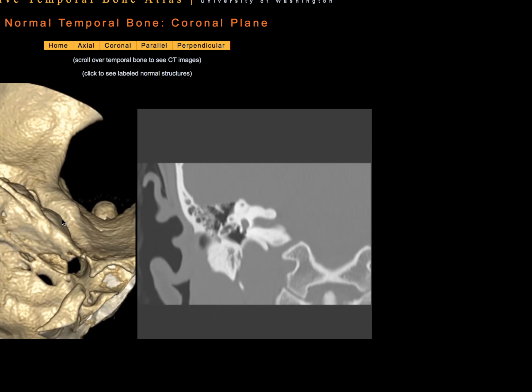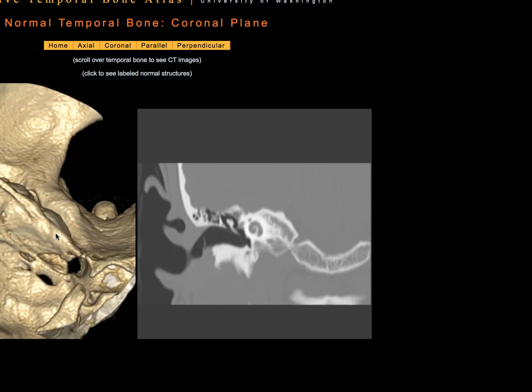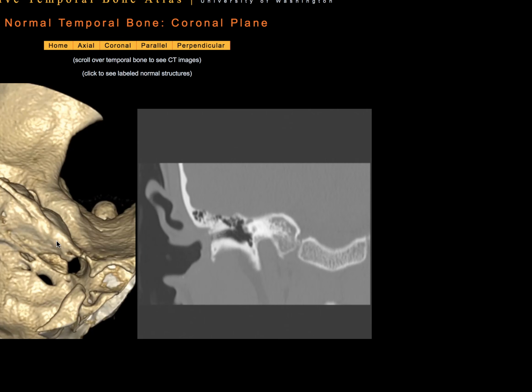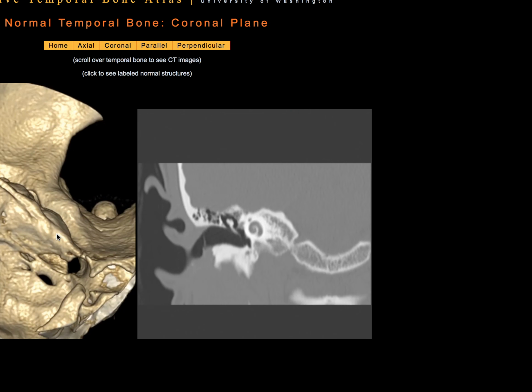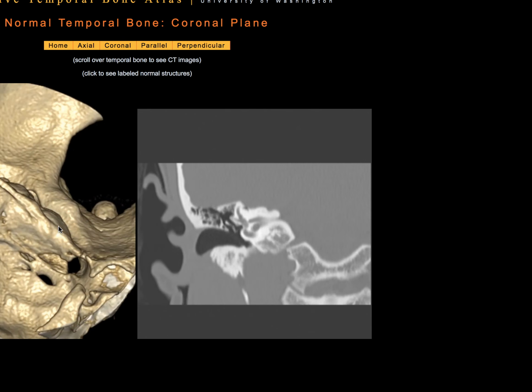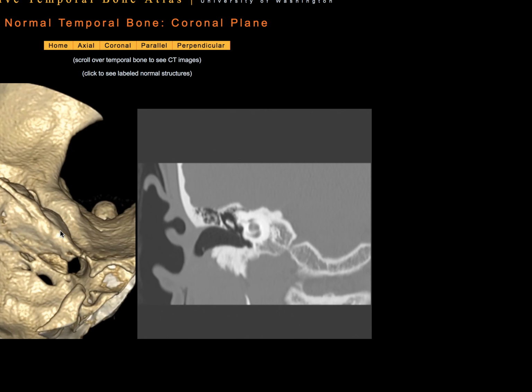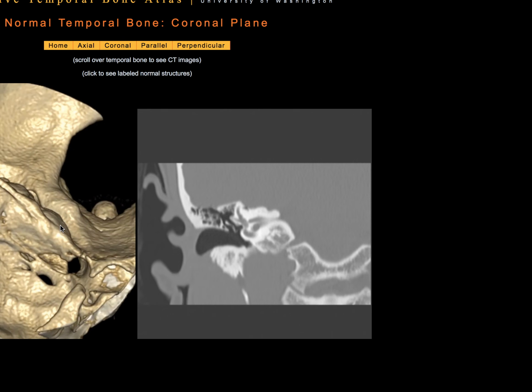Now let's see the middle ear. Here you see the tympanic membrane. What's attached to the tympanic membrane is the handle of the malleus. This is the neck and the head of the malleus attaching to the incus. So this is the incus.